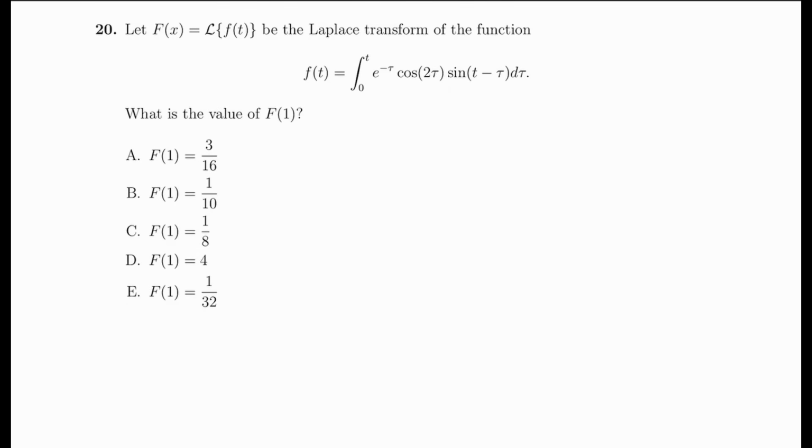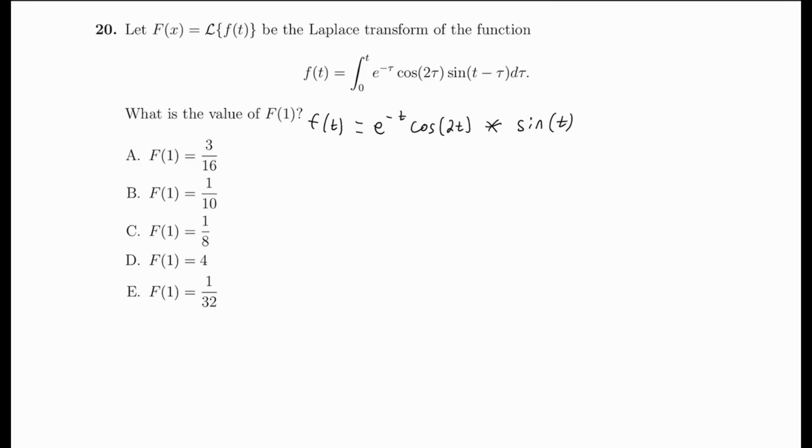Number 20 is asking us to find the Laplace transform of this function, f of t. The first thing that we need to do is recognize that this is the convolution of two functions. So this is the convolution e to the negative t cosine 2t convoluted with sine of t. Then we need to remember the product and convolution properties of Laplace transforms.